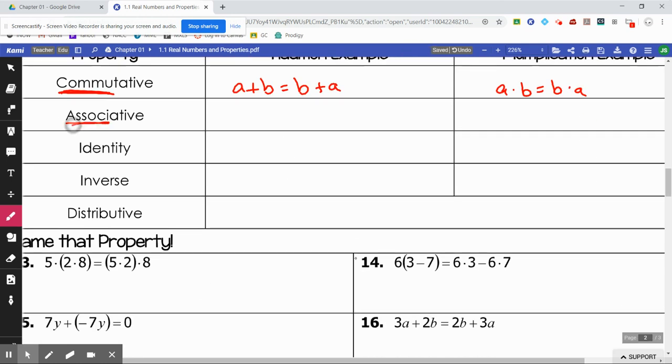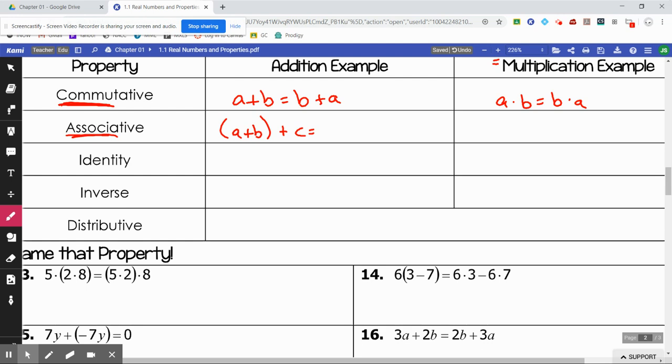Associative property. The root word of associative is associate. And what you need to think about with associative is what's being associated together. And here's what I mean by that. Here, a plus b is being associated with each other because they're in parentheses. Parentheses are associations. So if you have a plus b plus c, again, the addition example, you can reassociate this and you could put the b plus c in parentheses instead of the a plus b.